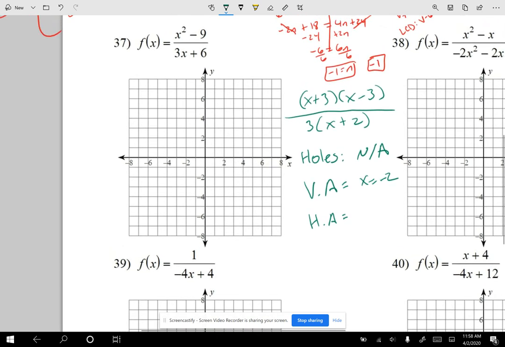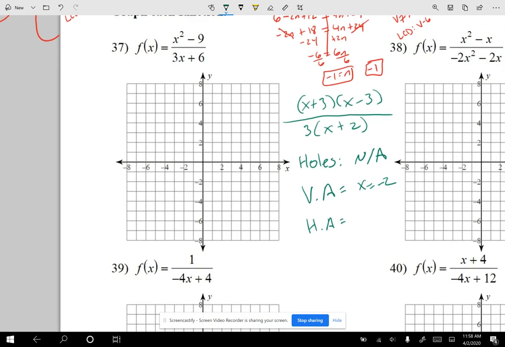Now, for my horizontal asymptote, I look at the first term on each. If my highest exponent was at the bottom, my horizontal asymptote is y equals 0. If the highest exponent was at the bottom.